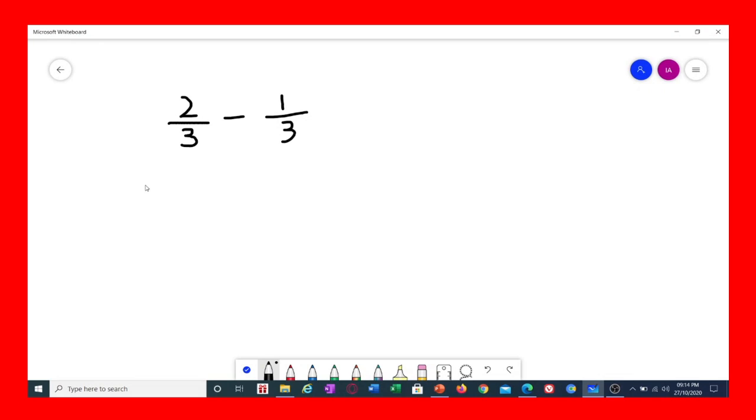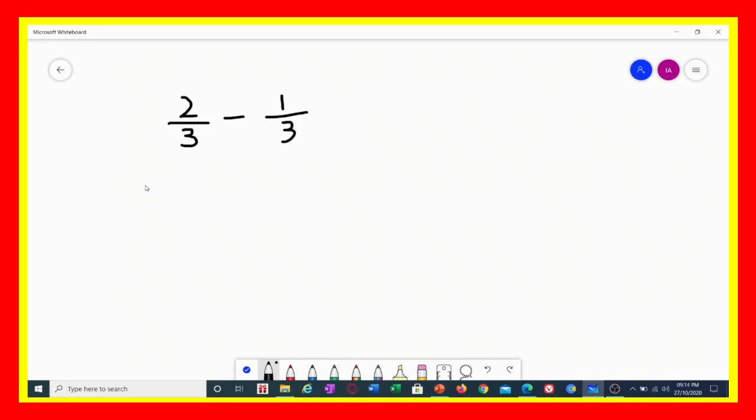Let's take an example of a takeaway problem. It is the same rule. We can see the denominator is the same for both fractions. This is a takeaway problem, a subtraction problem. So we will take the denominator first, which is 3, and take away the numerators.